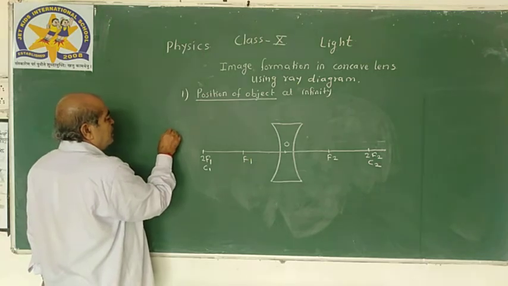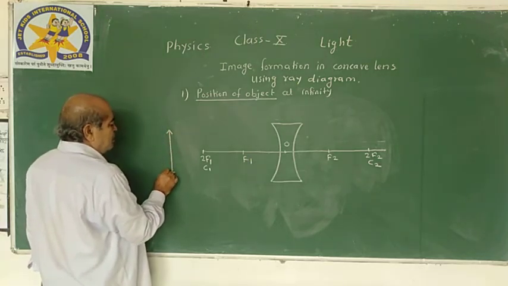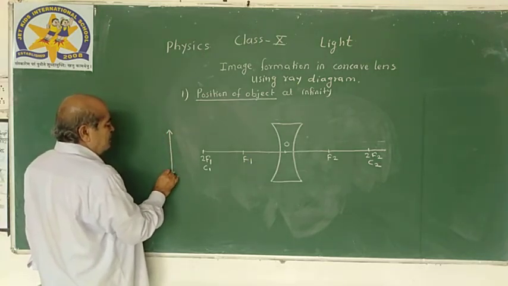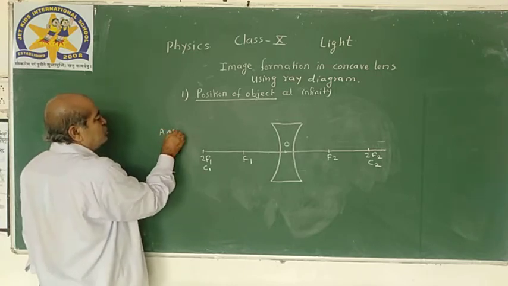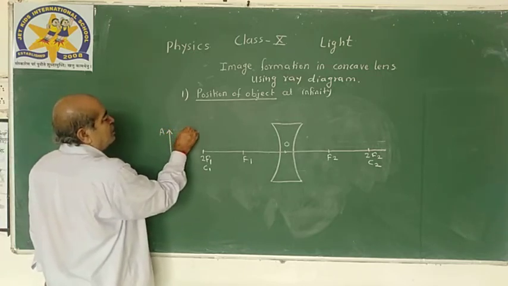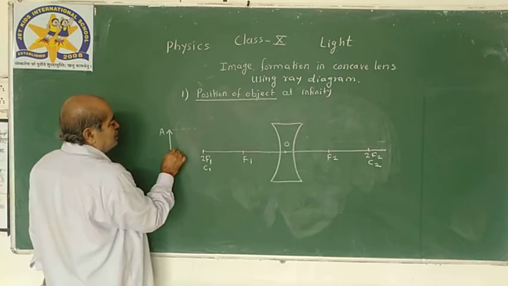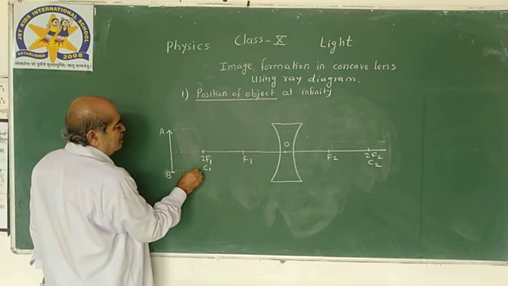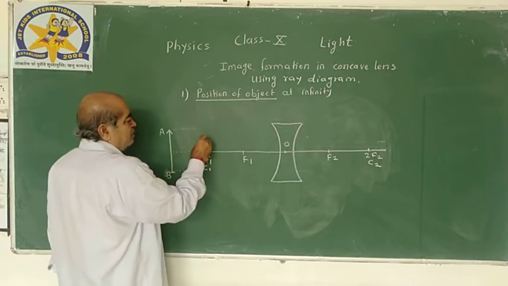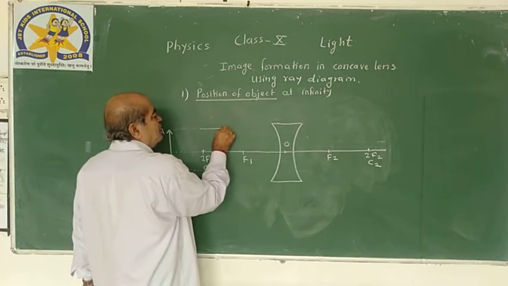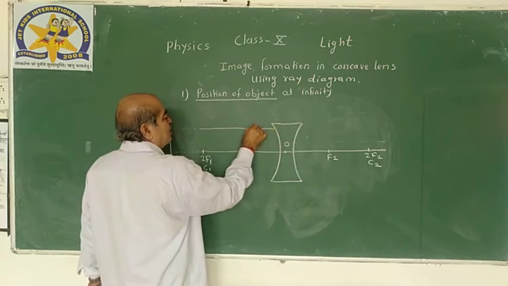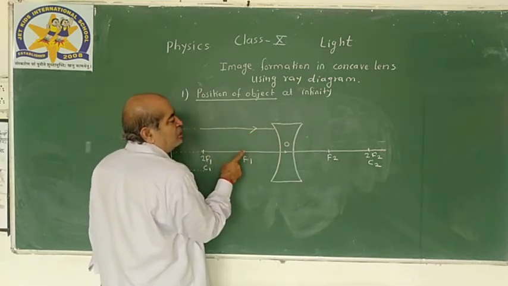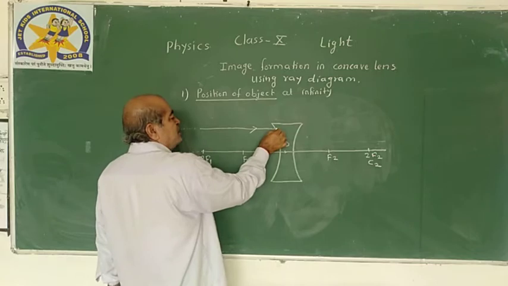So you first draw the dotted rays, represented by the dotted line. This is the incident ray, parallel to the principal axis.